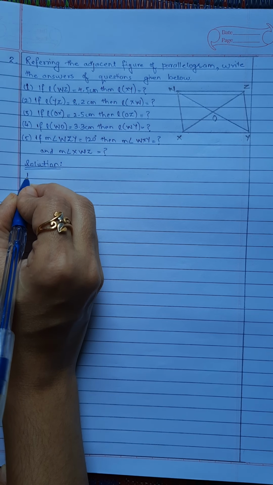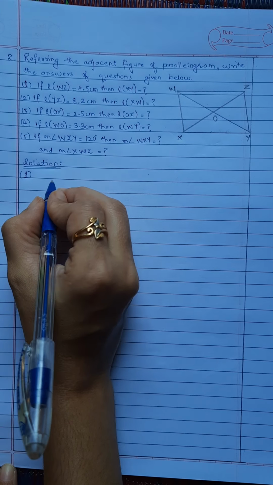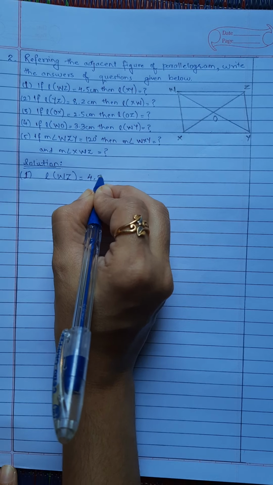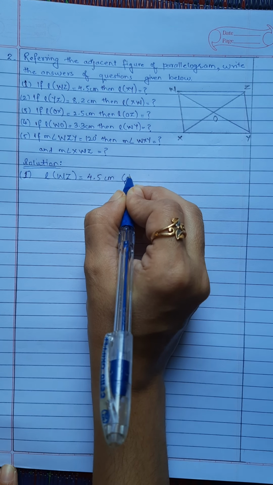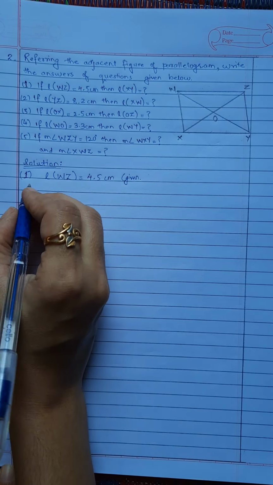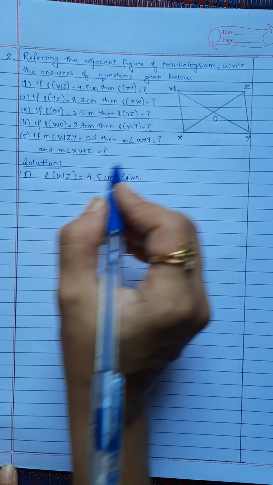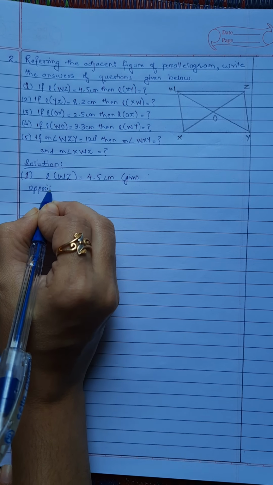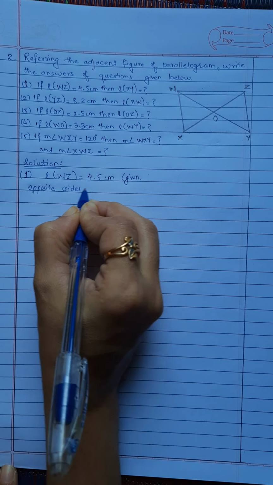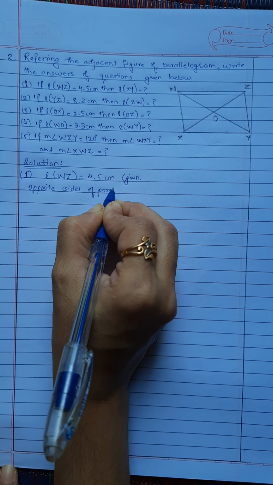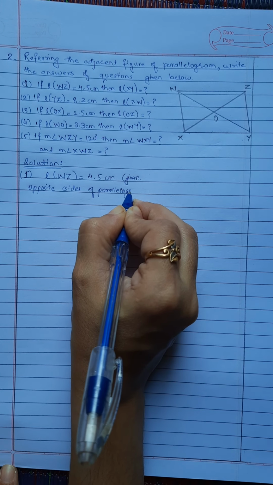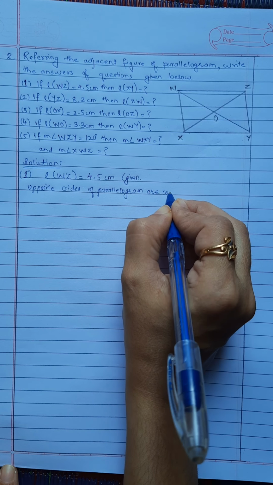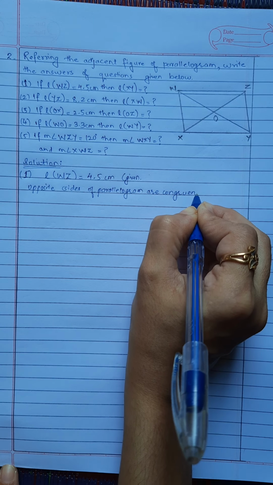Start with the solution of the first question. Length of WZ is given as 4.5 centimeters. This is the given part. So writing the property of parallelograms: the opposite sides of a parallelogram are congruent.